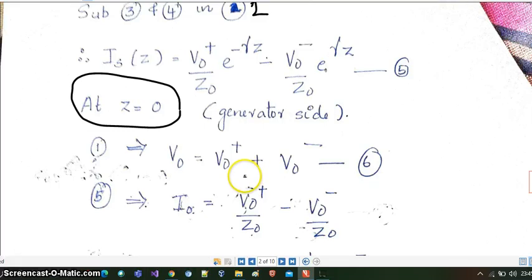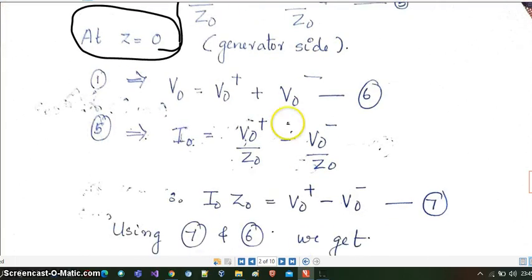Similarly, next I am going to substitute Z equal to 0 in equation 5. So I can write it as I(0) is equal to V0+ by Z0 minus V0- by Z0. So now this is how my equation 1 and equation 5 look like.